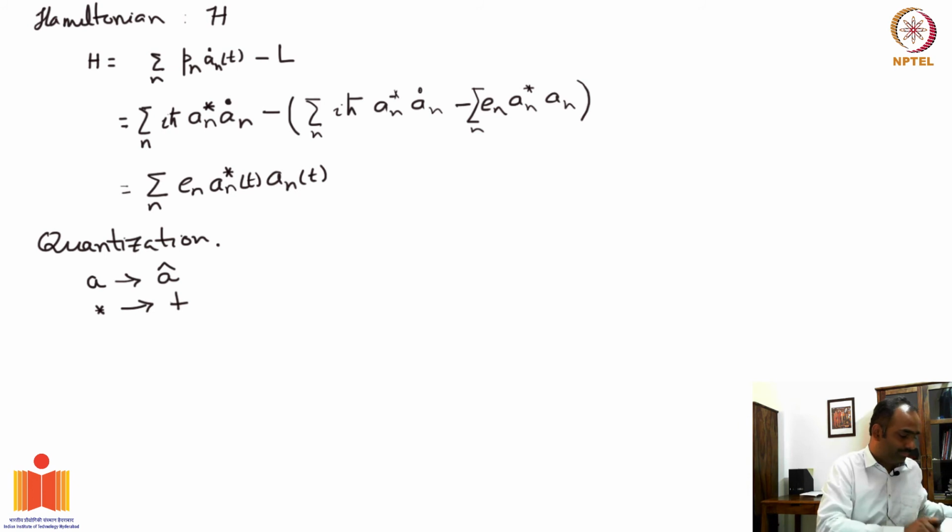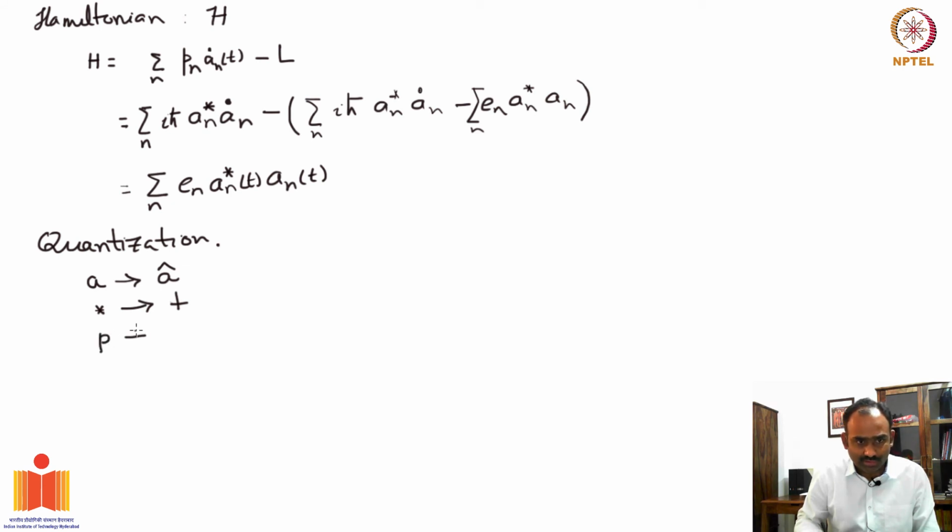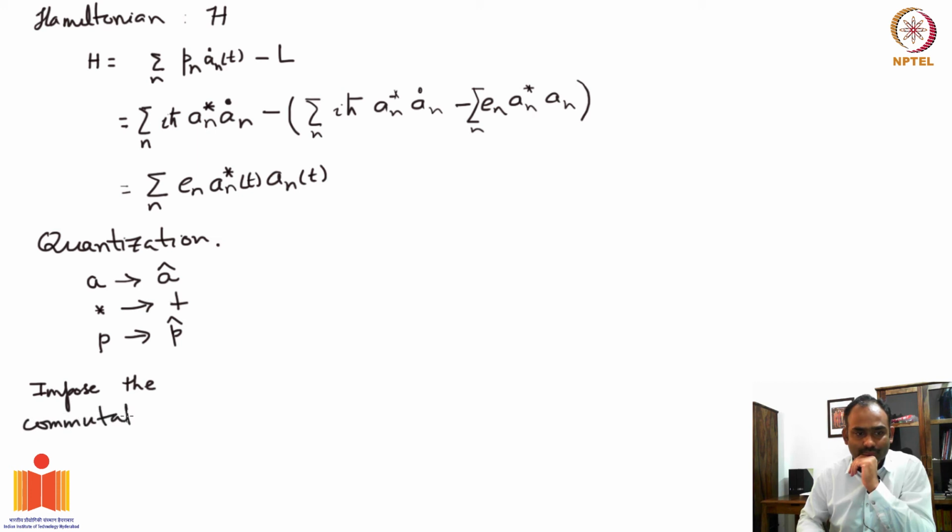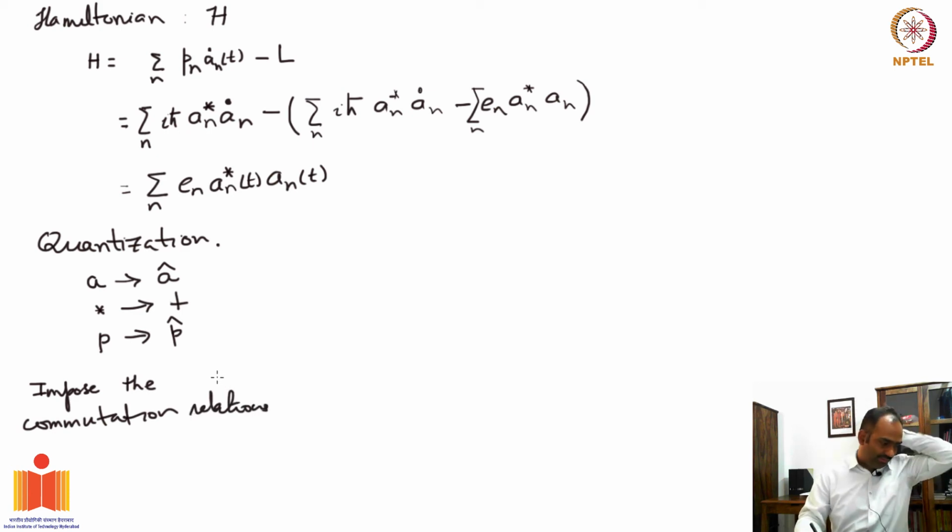Of course, we have to impose the commutation relations, but of course, the P also becomes an operator, and then I impose the commutation relations which we talked about in the previous lecture. Okay, so that is what we have to do.